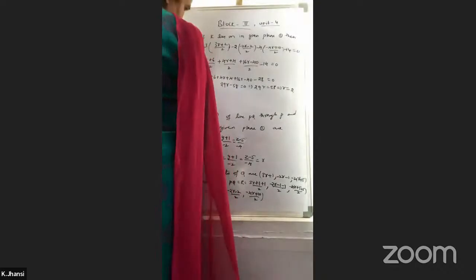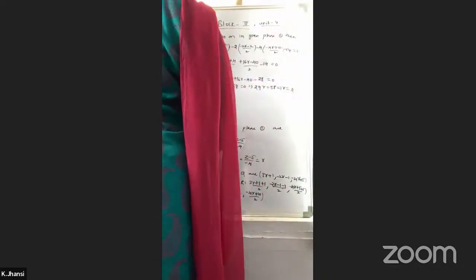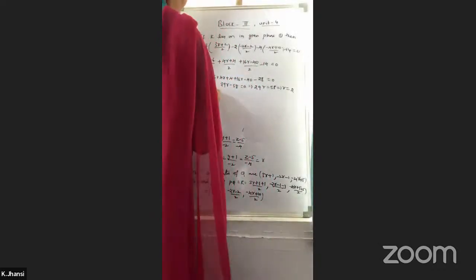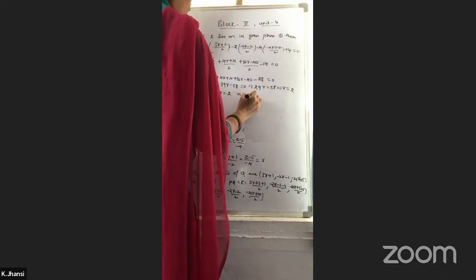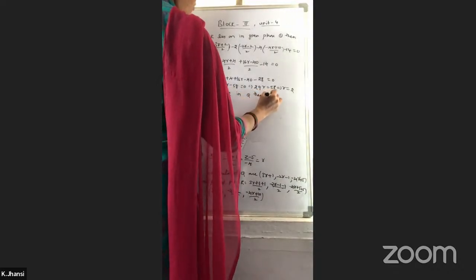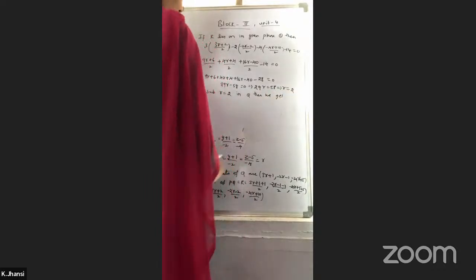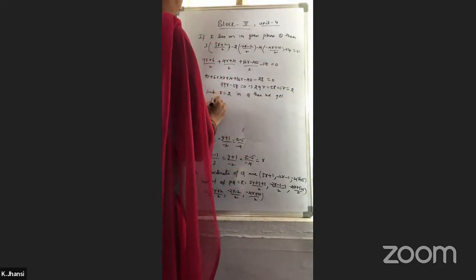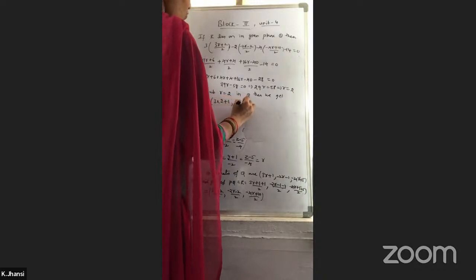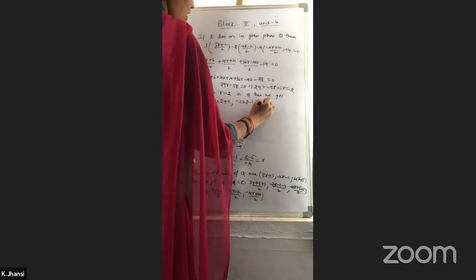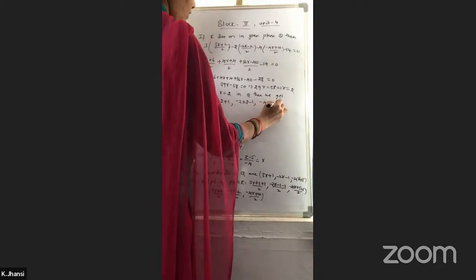Okay, so now if you substitute this r value in Q, then we get the coordinates of Q. 3 into 2 plus 1, next minus 2 into 2 minus 1, minus 4 into 2 plus 5.